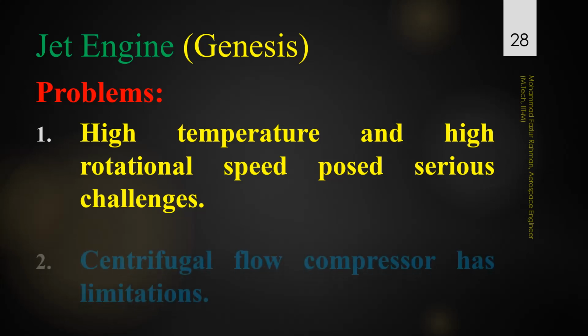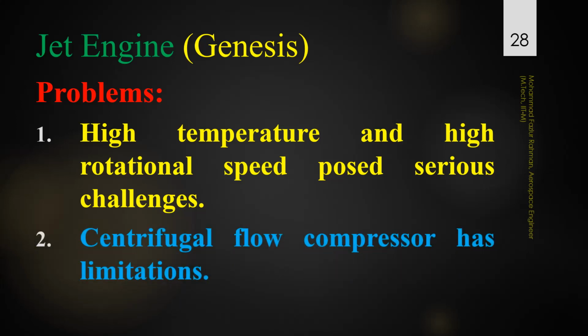The second problem they faced with the existing engine was that the centrifugal flow compressor has some limitations. If you want to compress the air using a centrifugal compressor with a high compression ratio, you have to have a big impeller, and that big impeller will not come without any cost from the drag side. It will give a big blocking effect, so the drag will increase.